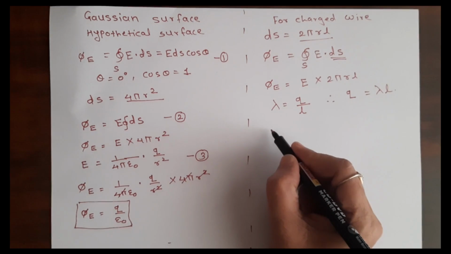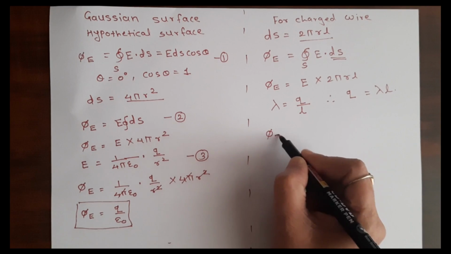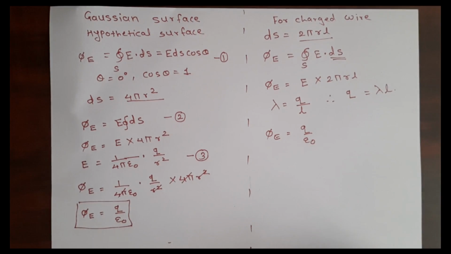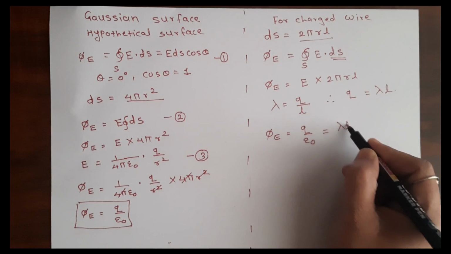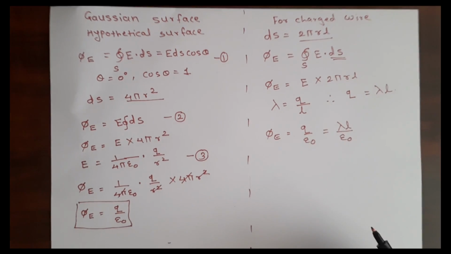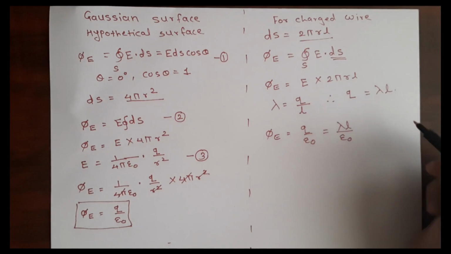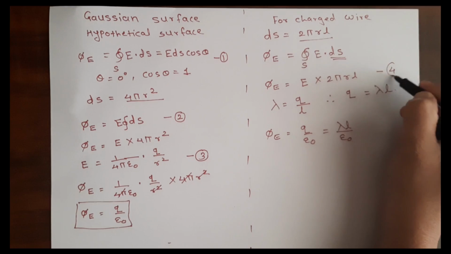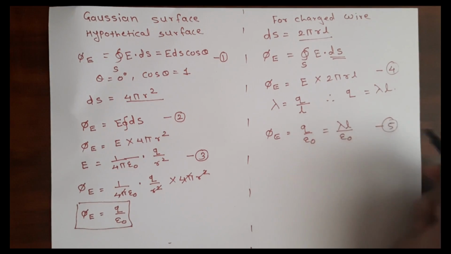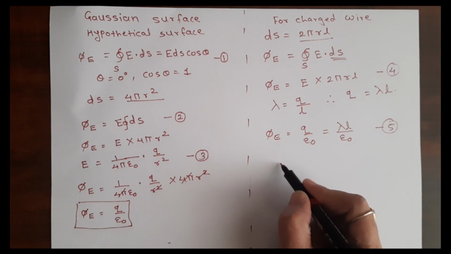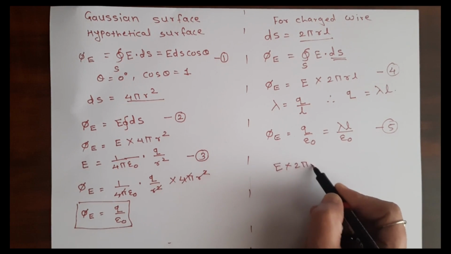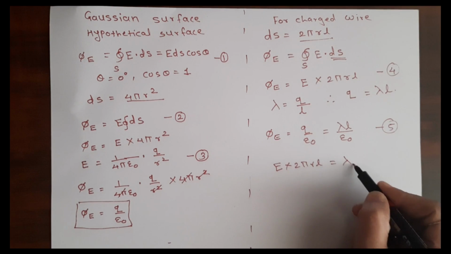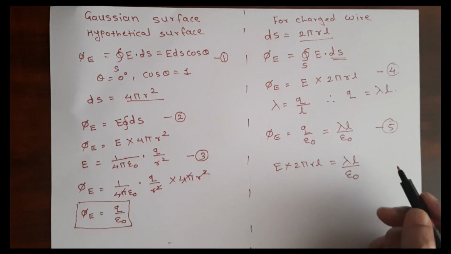Now according to the Gauss law, electric flux phi E is equal to Q upon epsilon naught, that is equal to lambda L upon epsilon naught, where epsilon naught is the permittivity of the vacuum. So by equating equation 4 and 5, we get E into 2 pi rL, given by the symmetry of cylinder, is equal to lambda L upon epsilon naught.